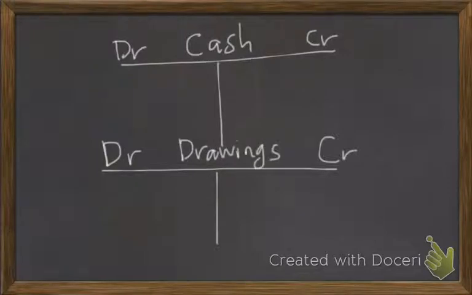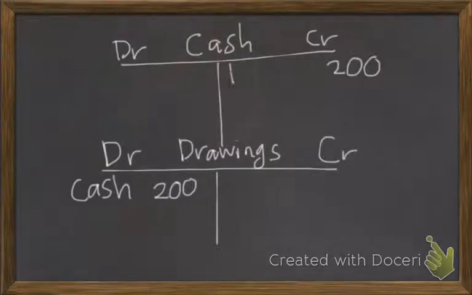Our drawings account is debited by 200 because we take out business cash for personal use. Now our cash is reduced by 200 because of the drawings that the owner made.